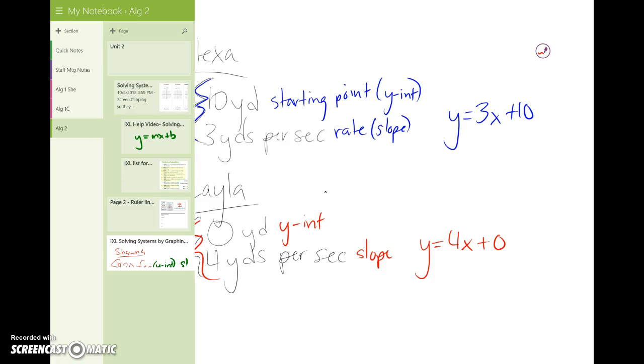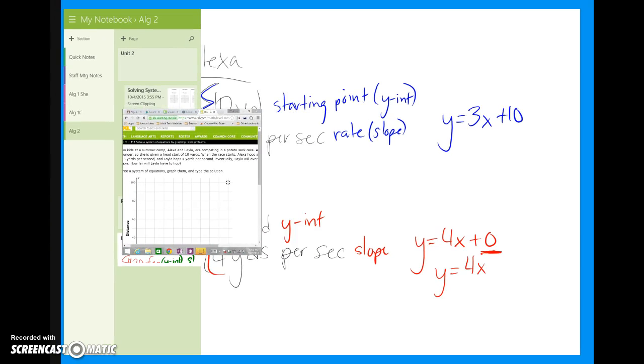So the y-intercept is 0. But as we know, we don't need to write 0, so it's just y equals 4x. But I put the 0 there for reference, just so we know that she started at 0, because that's going to be important when we graph it.